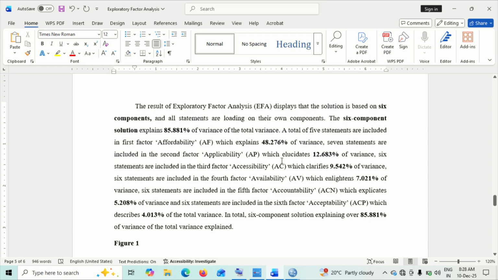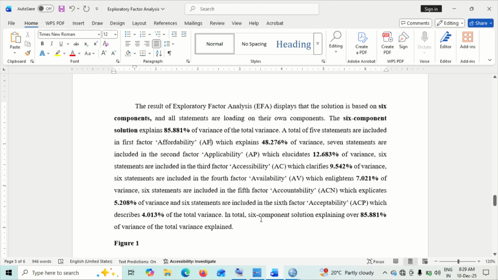7 statements are included in the second factor, that is applicability, and we have shortly known as AP, which elucidates 12.683% of variance. 6 statements are included in the third factor, accessibility, which clarifies 9.542% of variance. 6 statements are included in the fourth factor, availability, which enlightens 7.021% of variance. 6 statements are included in the fifth factor, accountability, which explicates 5.208% of variance, and the last 6 statements are included in the sixth factor, acceptability, which describes 4.013% of total variance of the adoption level.